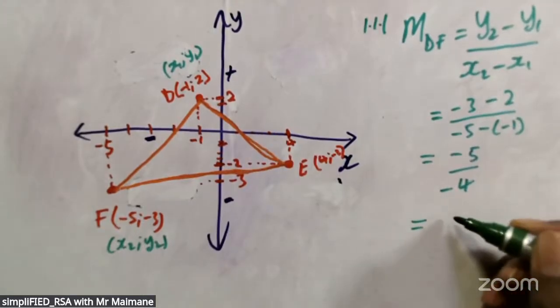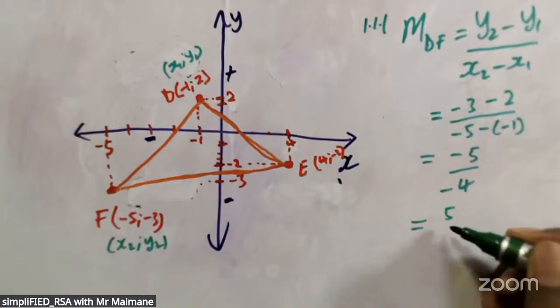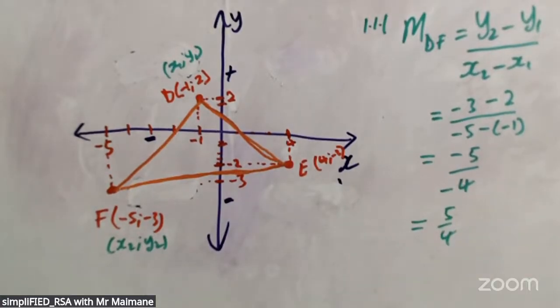Therefore, it would be +5 over 4. That would be the gradient of DF. Easy peasy, right?